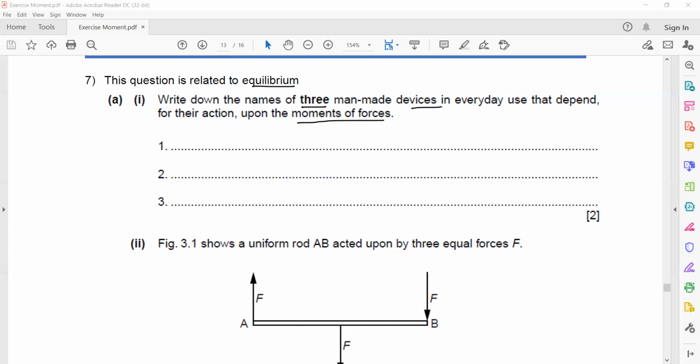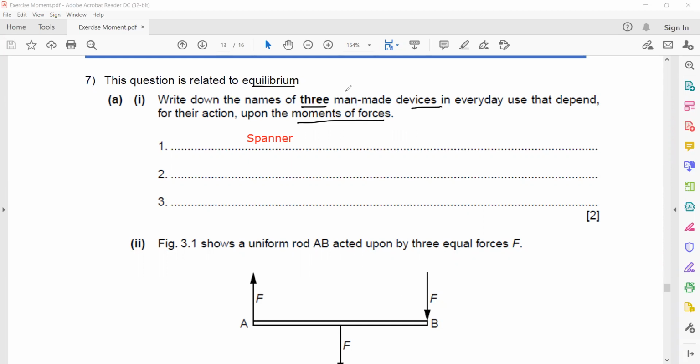There's no fixed answer. You can name any device which you think uses a turning effect. For example, I will write one so that you have an idea. If I say spanner or a wrench, a spanner uses the turning effect of the force. We apply the force and it rotates.